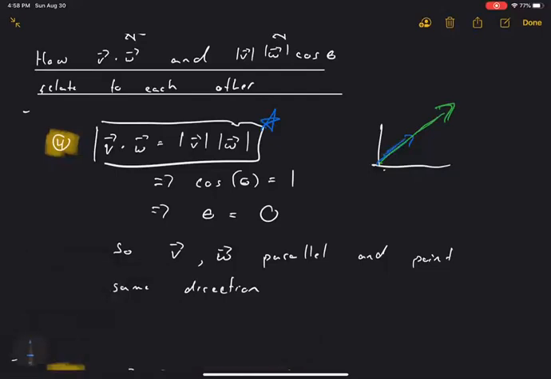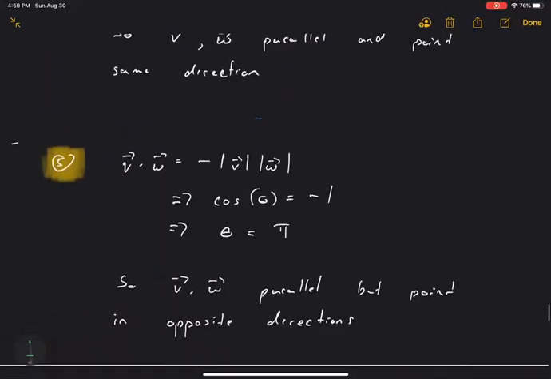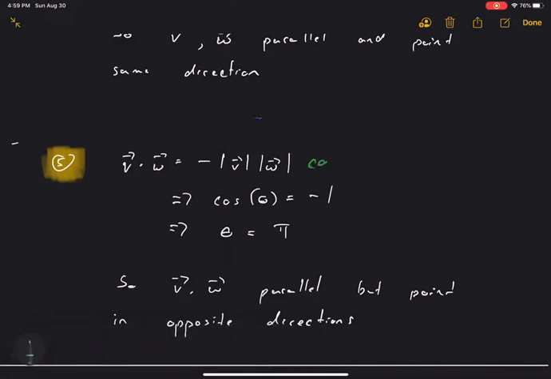So maybe v only goes out this far, and then w goes out a bit further, but they're along the same line and pointing in the same direction. On the other hand, what if v dot w is equal to the negative of their magnitudes? Well, by implication, again, I have a cosine theta here.